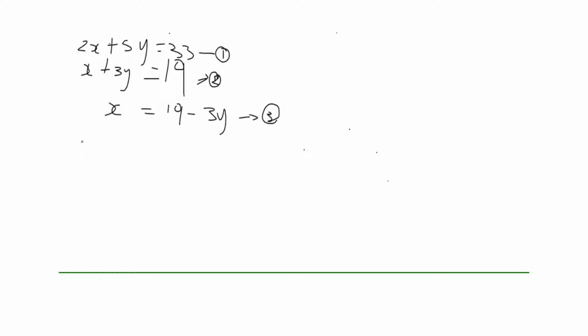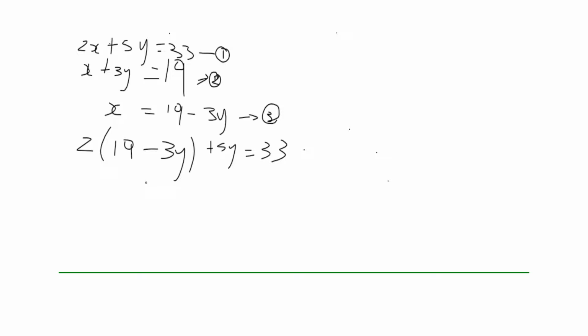So that will be 2 times (19 minus 3y) plus 5y equals 33. And then we're going to simplify this bracket.